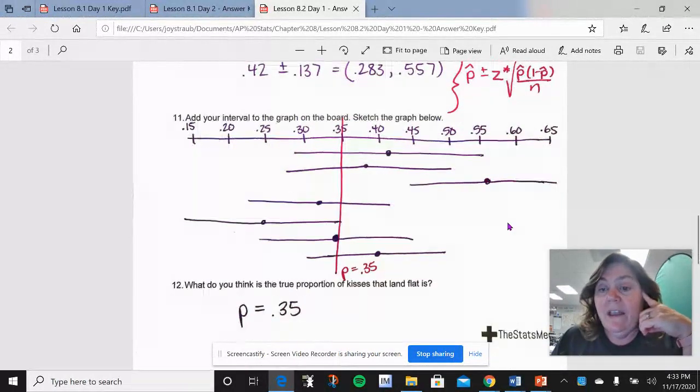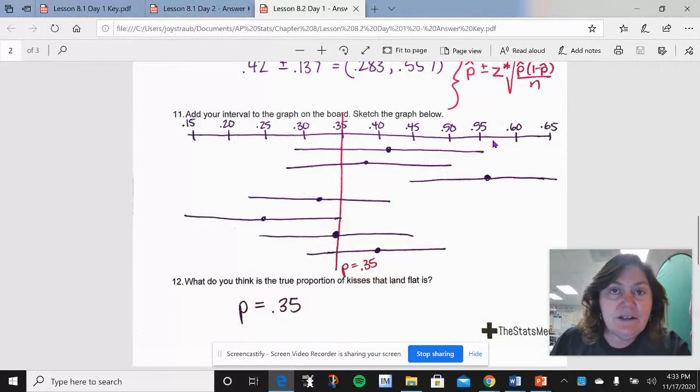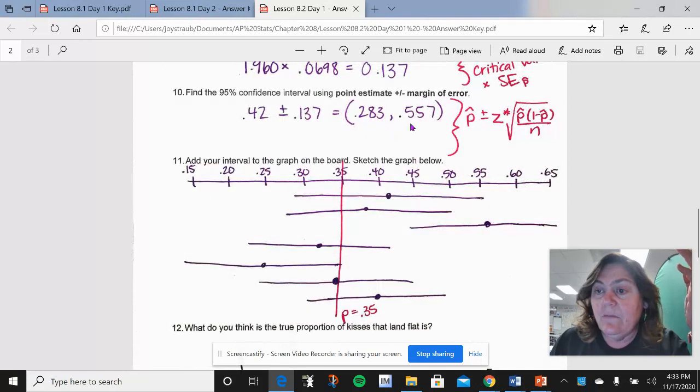Now, had we all been plotting, this is just an example, what could have happened? We would have had everybody's confidence interval put onto a scale, and everybody would have put their point estimate in the middle and seen where it went. If the true proportion of Hershey Kisses that land flat is 35%, then we would see how many of these people captured that true percent in their sample.